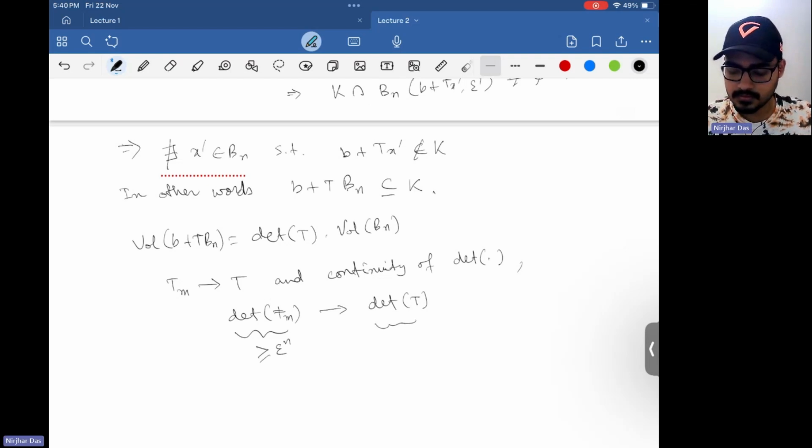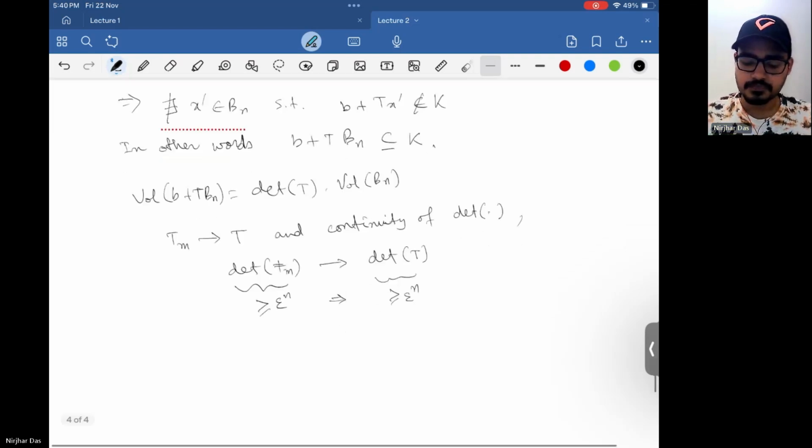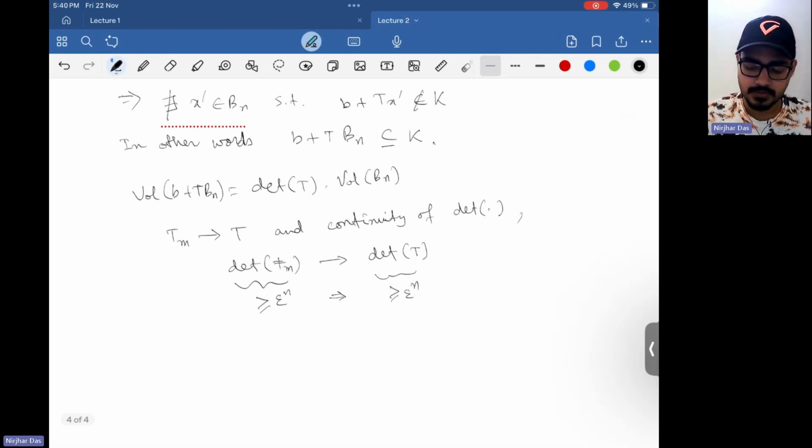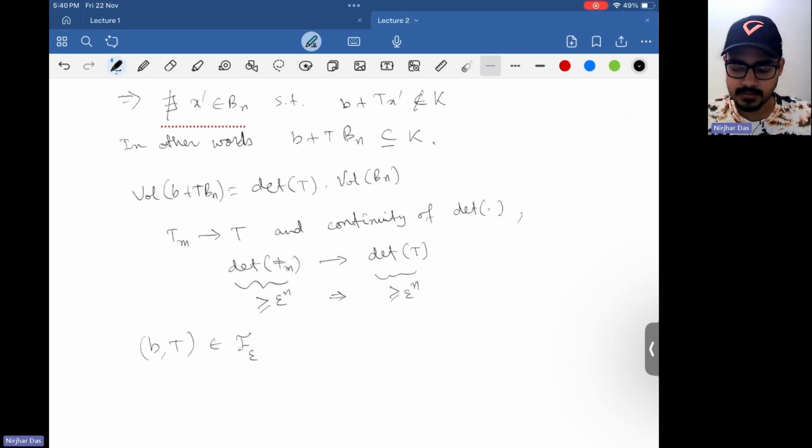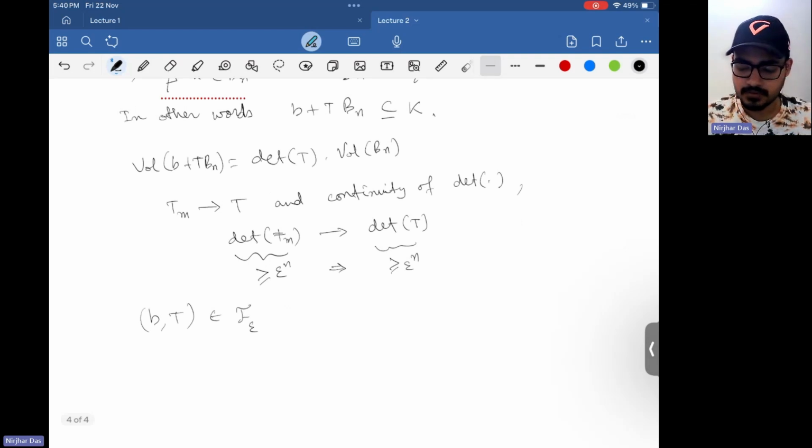So this will also be at least epsilon power n by convergence and continuity. So therefore, what we have shown is that b, T indeed lies in the set F epsilon, because of two things. One, this ellipsoid is contained in the convex body K, and its volume is at least epsilon power n times volume of the ball. So therefore, it concludes that F epsilon is closed.